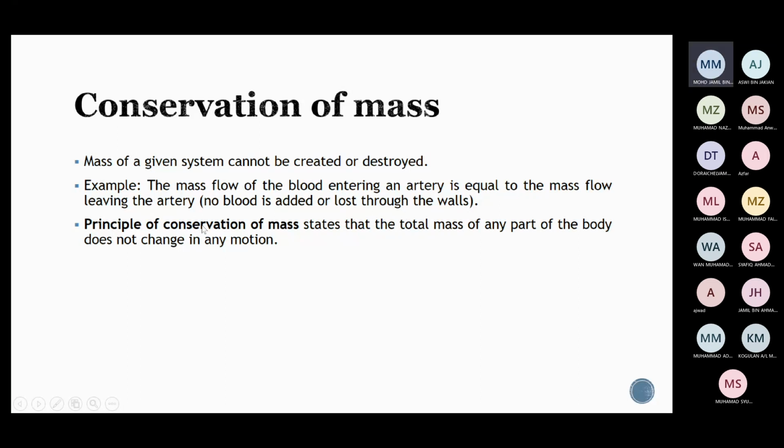Using this principle of mass, we can determine how mass actually flows within a particular space. The principle of conservation of mass states that the total mass of any part of the body does not change in any motion. Even when you deform an object, the mass still remains the same, only the shape of that object will change.